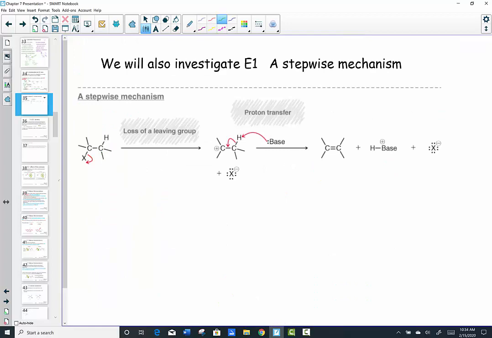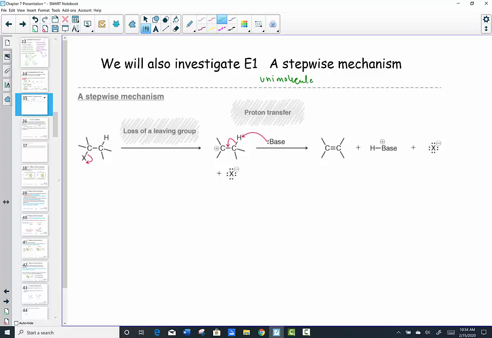Let's remember, we still have a next lesson for SN1 and E1, which are our stepwise mechanisms. SN1 is nucleophilic substitution, unimolecular, and E1 is elimination, unimolecular.